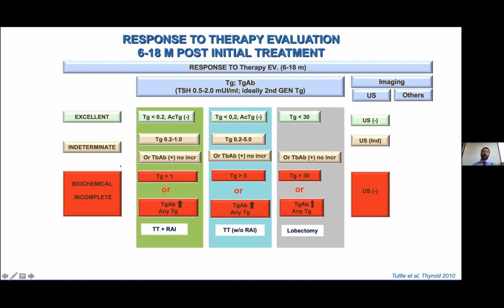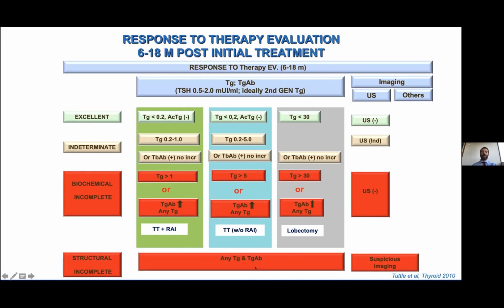Or we will also classify as biochemical incomplete response when, regardless of the thyroglobulin levels, they have thyroglobulin antibodies that are increasing over time. A structural incomplete response to therapy will be all the patients who had suspicious imaging, regardless of the levels of thyroglobulin or thyroglobulin antibodies.